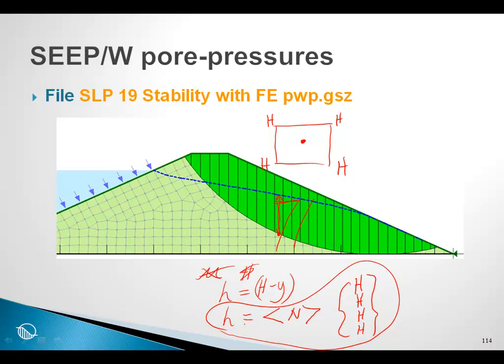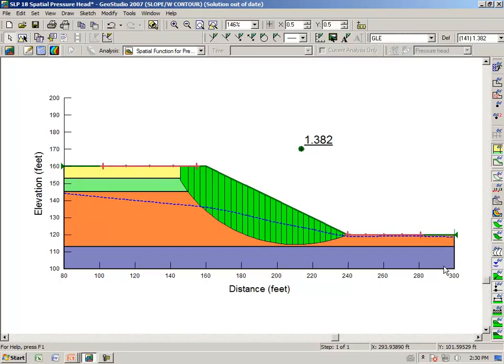You don't need to remember this equation. What you do need to remember, though, as I have said several times already, is that the blue line, or the zero pressure contour line, is not imported into SLOPE/W when you use finite element results. We use the actual pore water pressures in each one of the elements to determine the pore pressures at the base of the slices. Let us go to GeoStudio now and open up SLP 09.